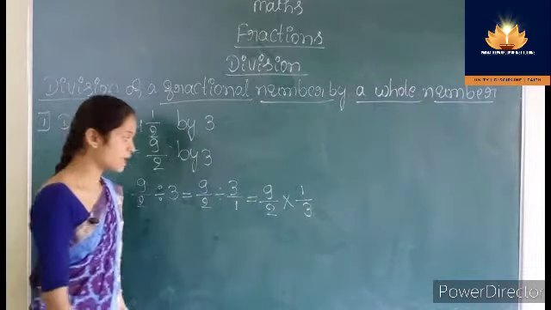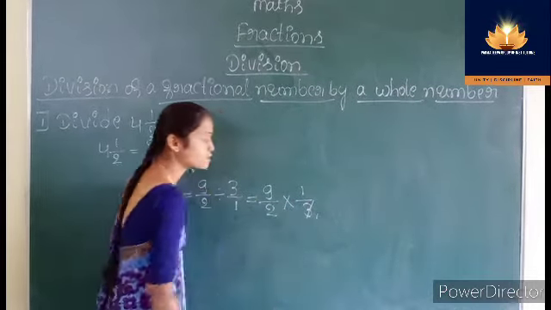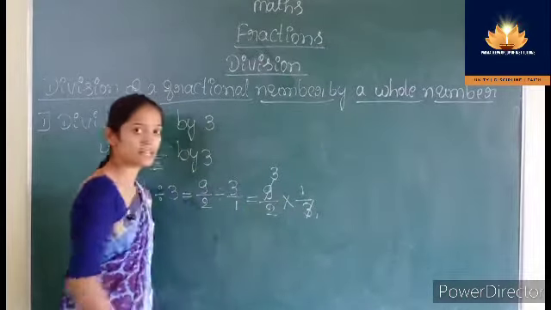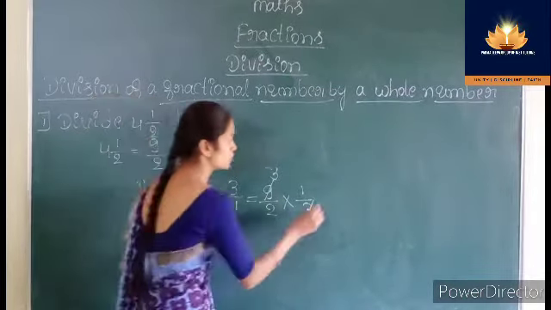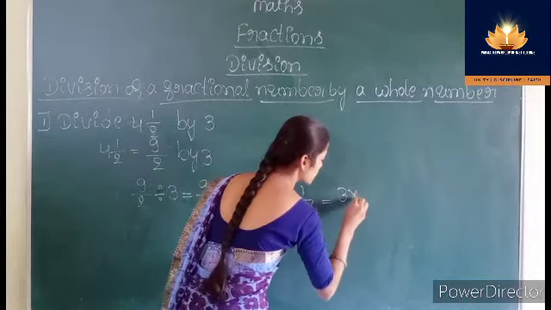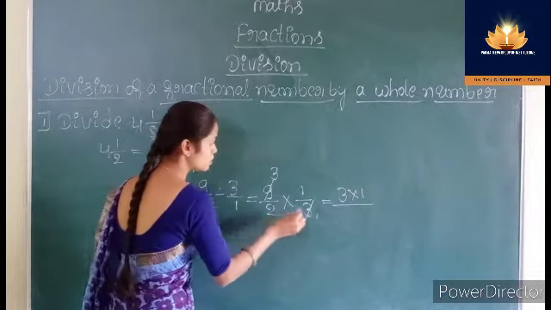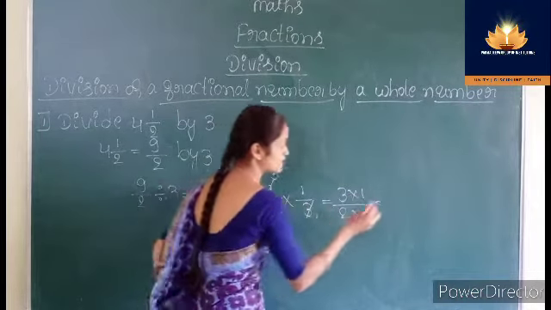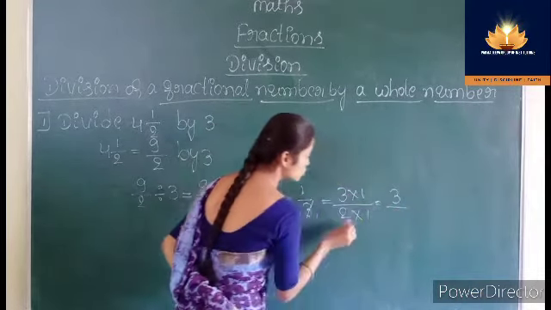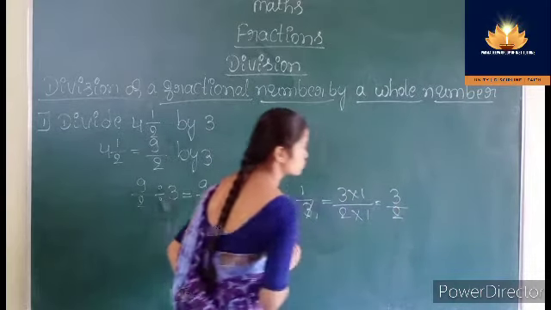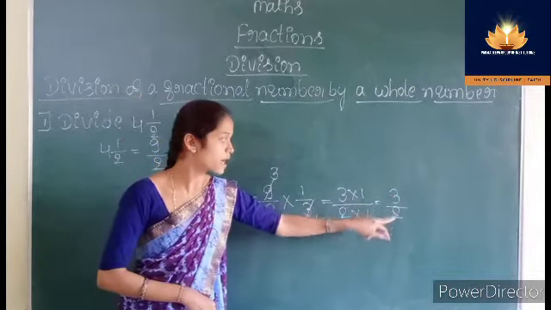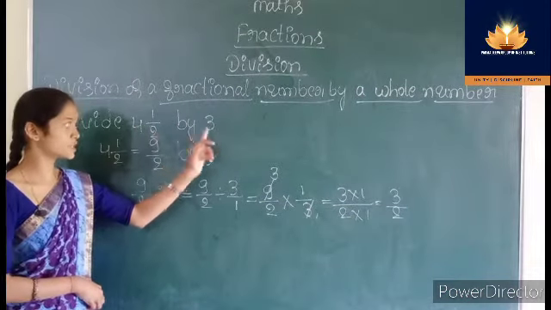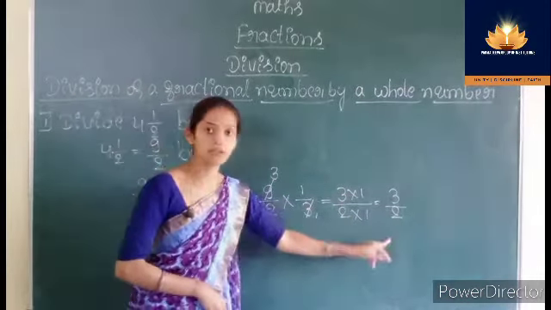Now we can cancel 3 ones are 3, 3 threes are 9. So multiply the numerators, 3 into 1, and the denominators, 2 into 1. 3 ones are 3, 2 ones are 2. So we get 3 upon 2. When we divide 4 1 upon 2 by 3, we get 3 upon 2.